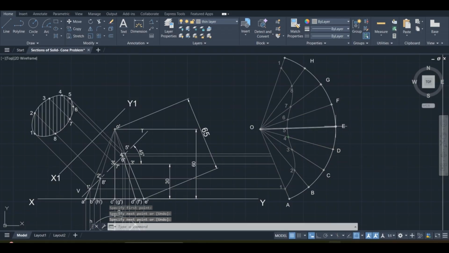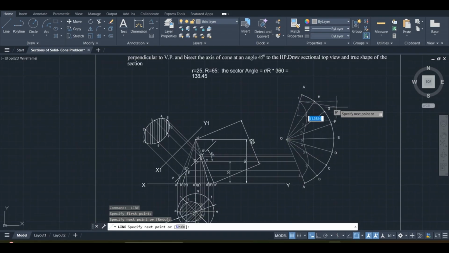These are all the leftover generators after section. Yes. Now select all these and make bold.